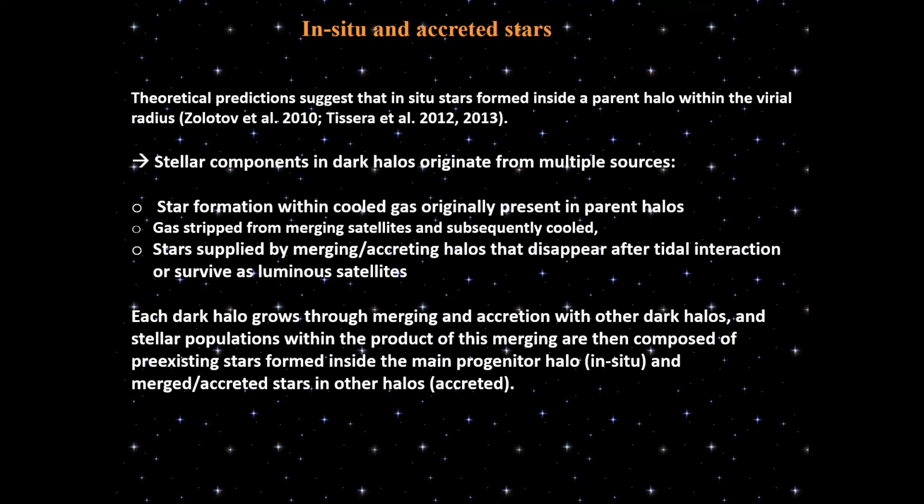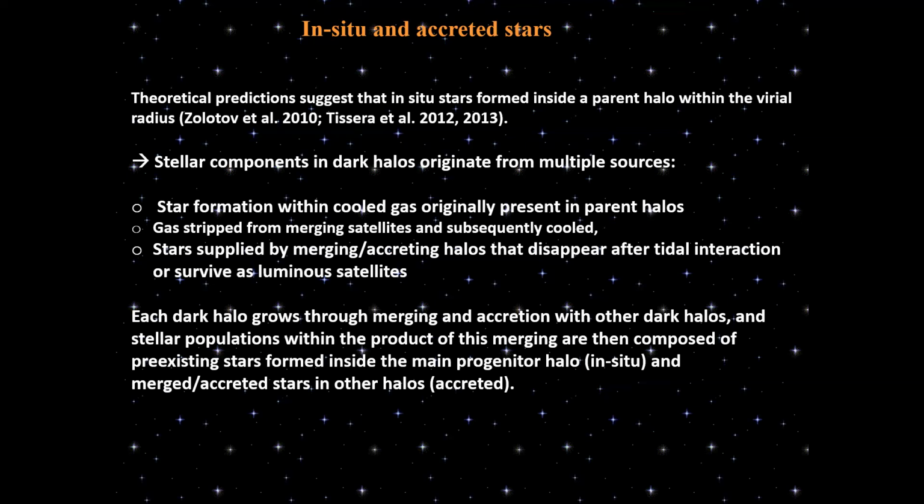Now, if we consider the early stages of galaxy formation, we have these dark halos, mini halos. They grow, they merge and grow, and the stellar components within these dark halos have multiple sources. Stars can form within cool gas that was originally present in the parent halo, and so obviously these stars are in situ.